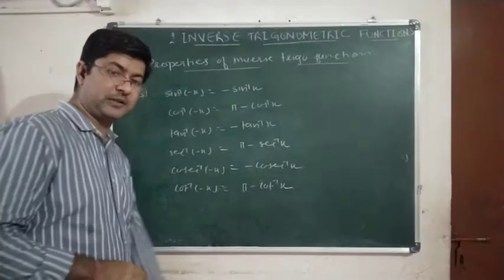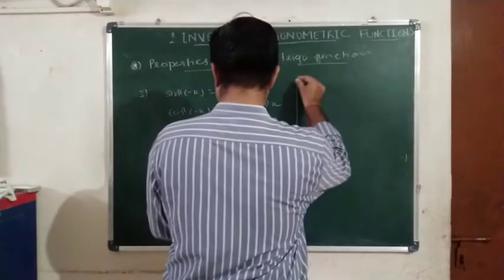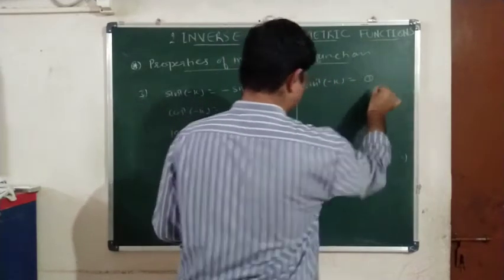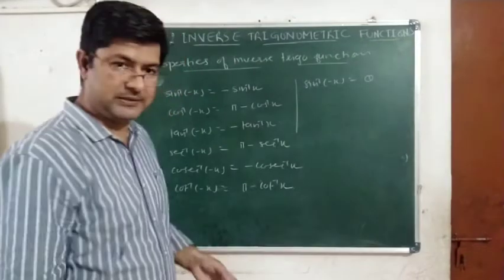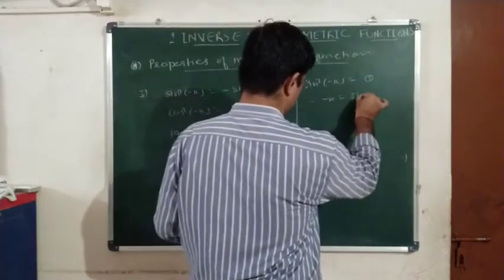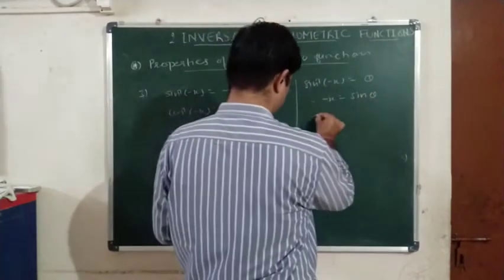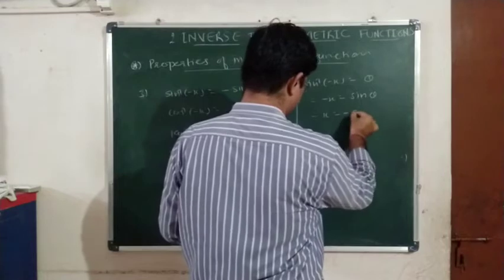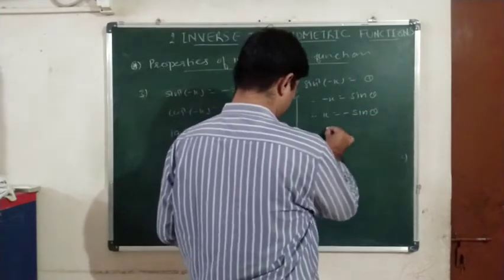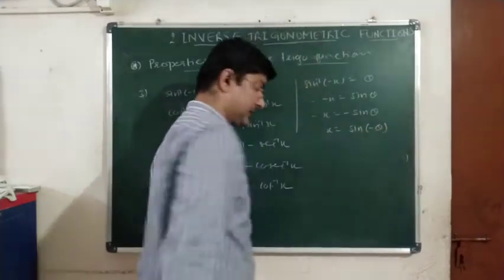Now this property can be understood in this way. If you consider the first one, sine inverse minus x, let us consider sine inverse minus x to be theta, then minus x is equal to sine theta we can write. Yes or no? And therefore x is equal to minus of sine theta, and therefore x is equal to sine minus theta. Yes or no?